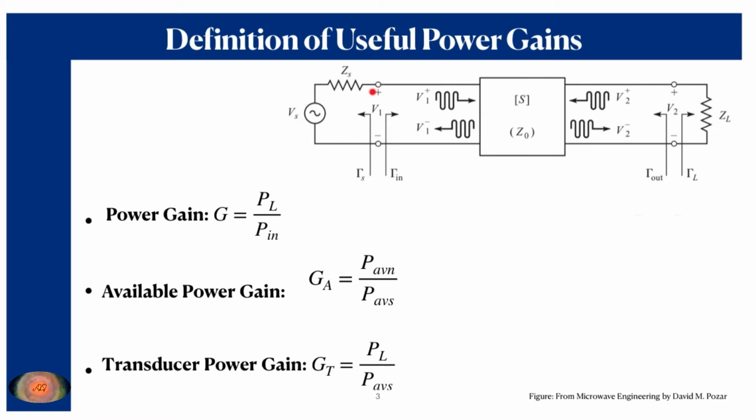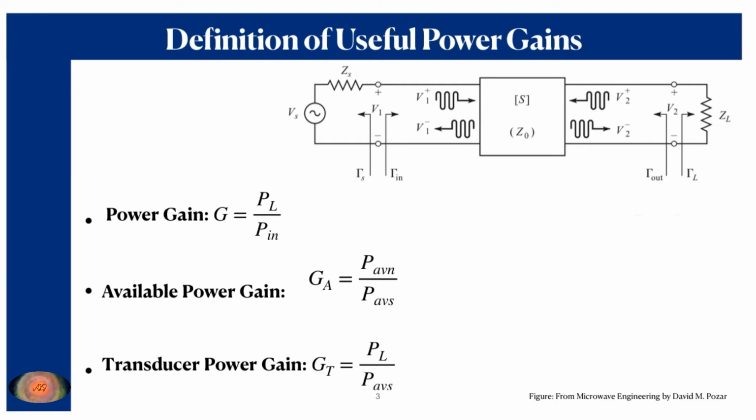So this P in is independent of the source impedance, because when you are considering the ordinary power gain, you are just considering what is the power available at these two terminals. It doesn't matter what voltage source you have applied and what power is being derived at this terminal.